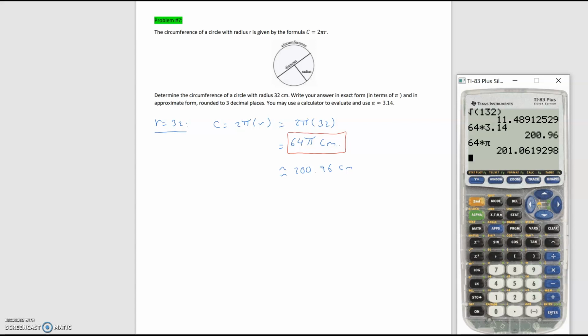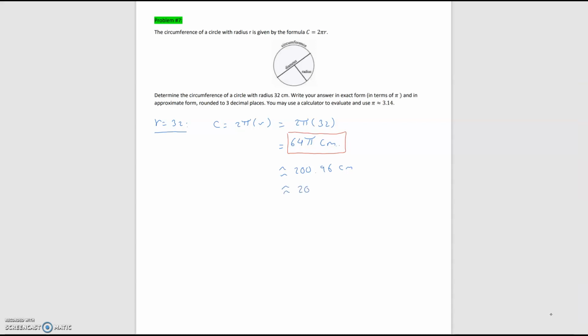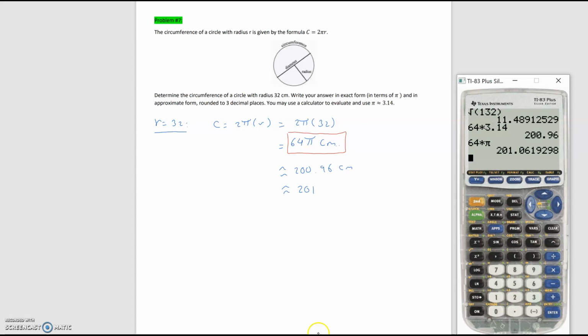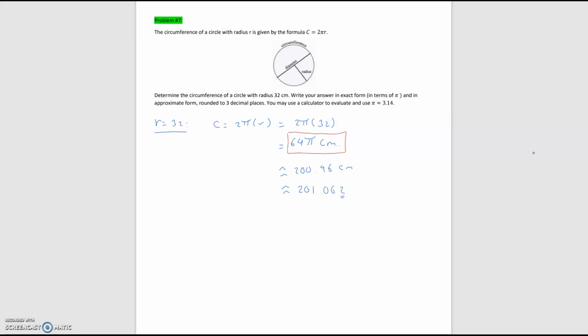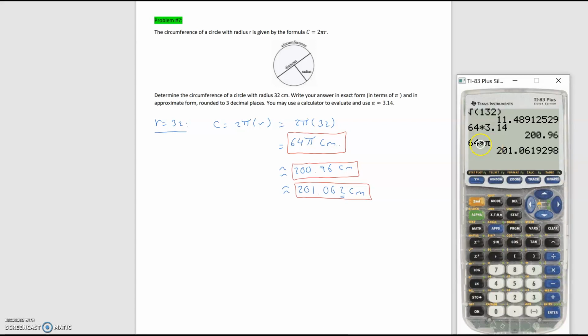And in this case, rounding to 3 decimal places, it'll be approximately 201.062 centimeters. Let me just double check. So using the pi digit does round to 201.062 centimeters.